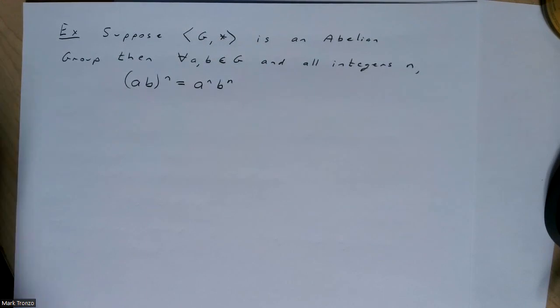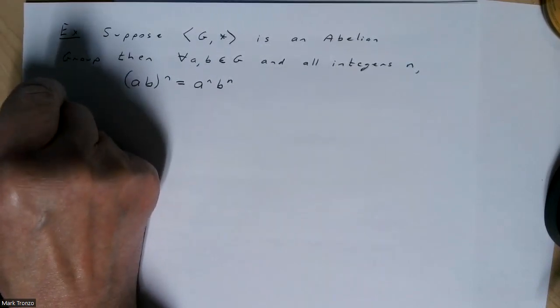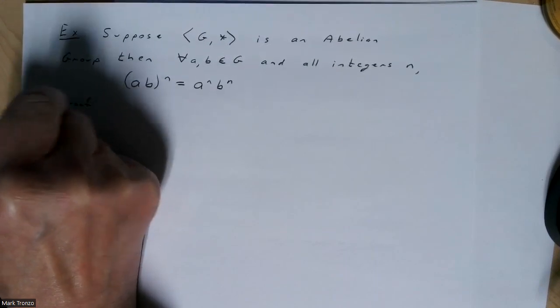So let's take a look at this. Again, remember for an abelian group, all the members of the group commute. So let's see if we can do that.